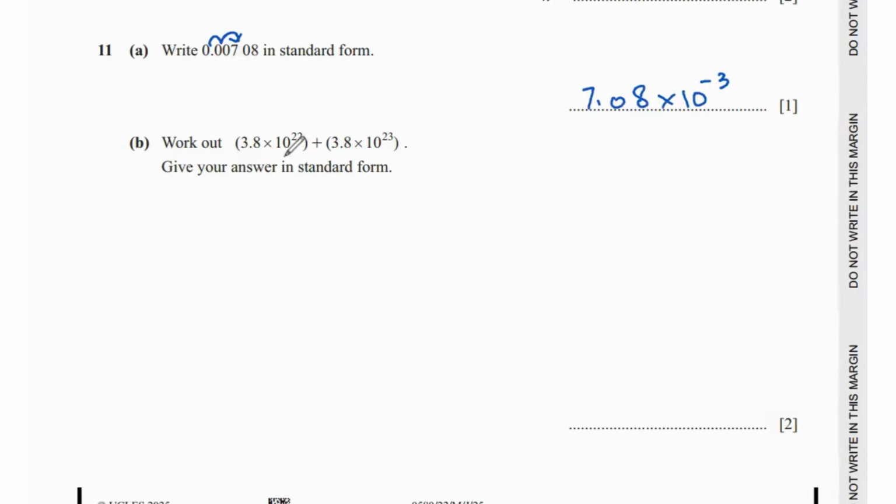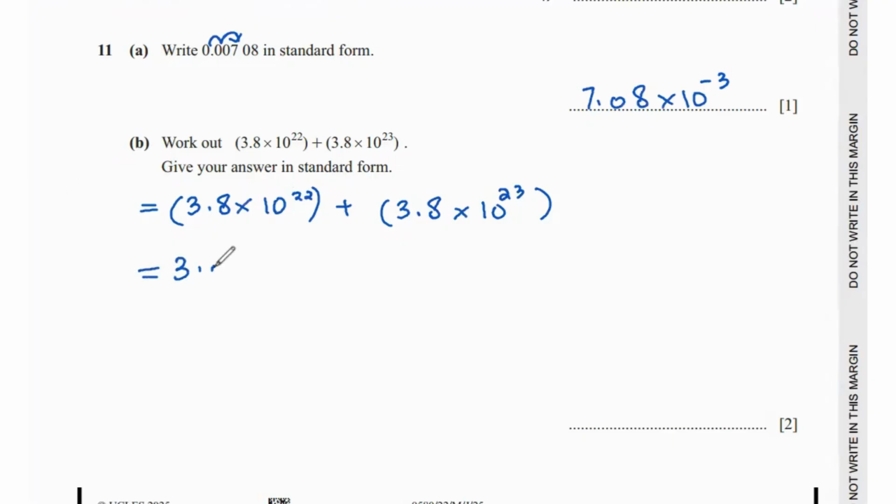Then work out 3.8 times 10 to the power of 22 plus 3.8 times 10 to the power of 23. Okay, so in this case, if you notice, our equation is this. And in this equation, we have 3.8 common, and then we have 10 to the power of 22 common as well.